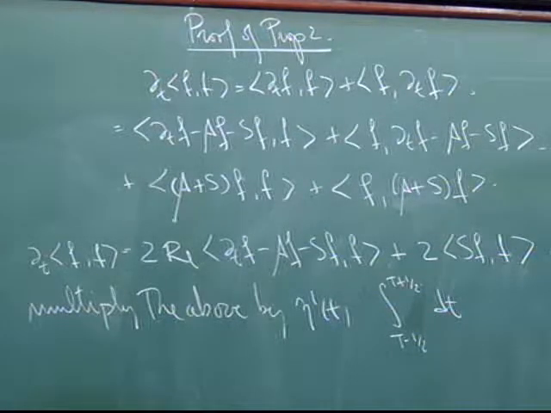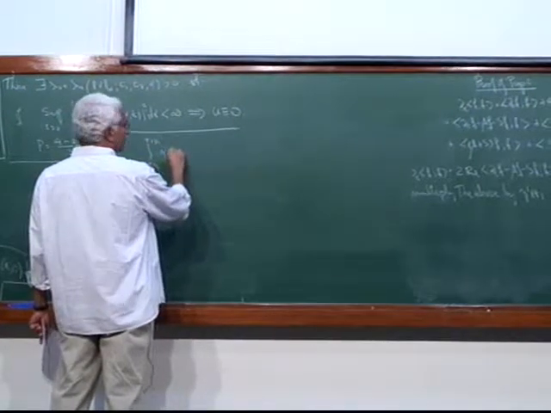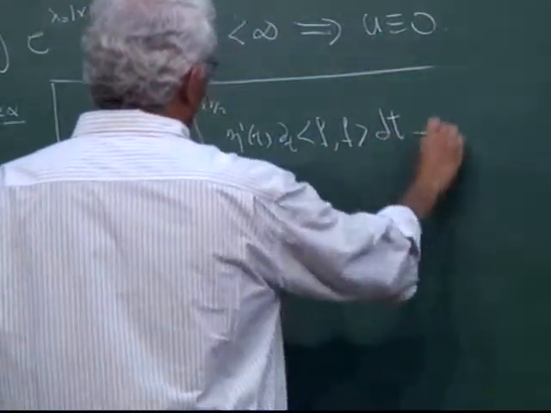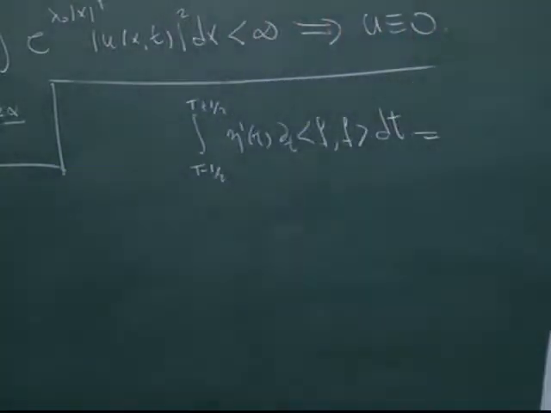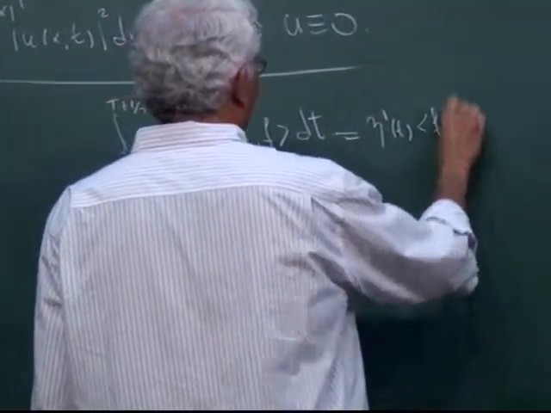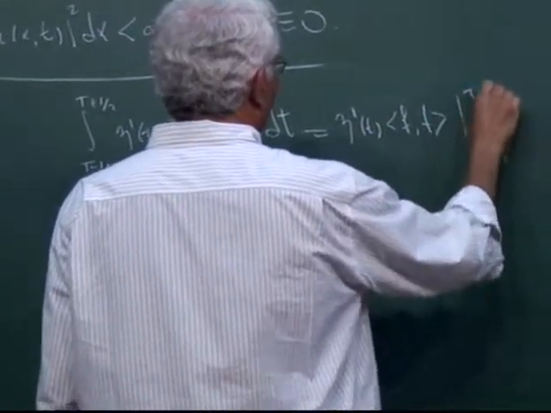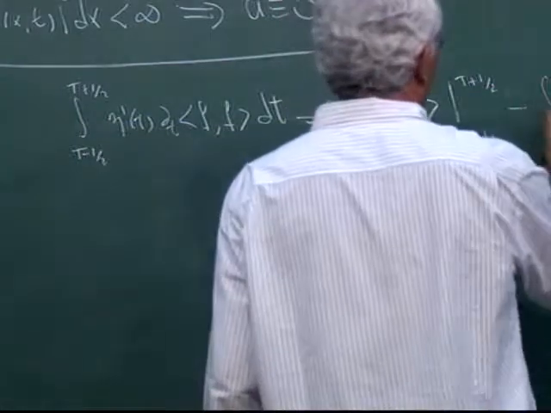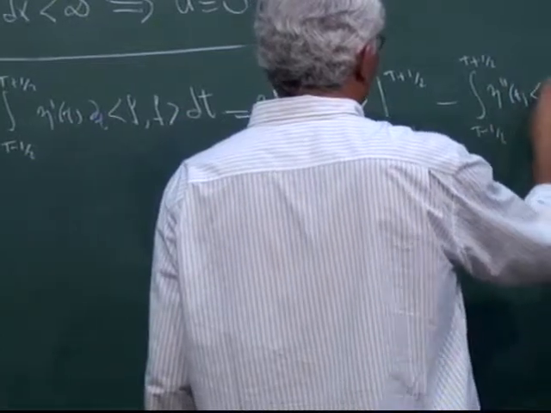Then we have the integral between t minus 1/2 and t plus 1/2 of eta prime of t times dt of f times f dt. This is going to be equal to, now you pass this derivative here, but then you have the second derivative in t.